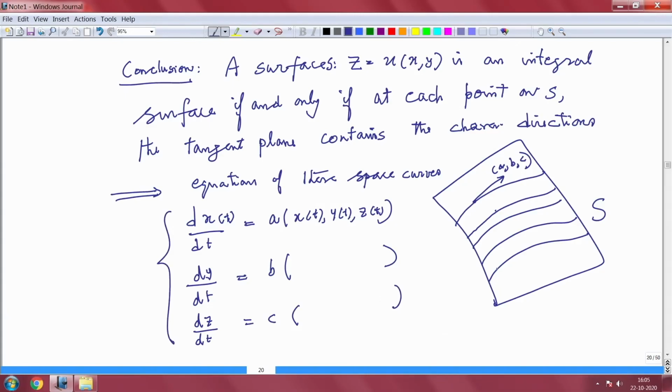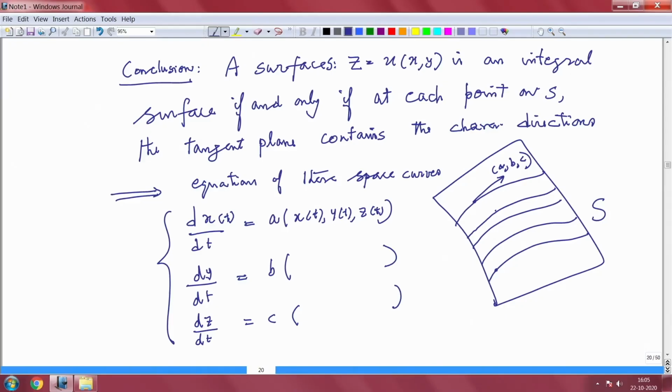So, if I fix a point on the surface, I will get a curve, and what I am going to do soon, maybe in the next class, is that given a characteristic curve, I can decompose a surface into characteristic curves.